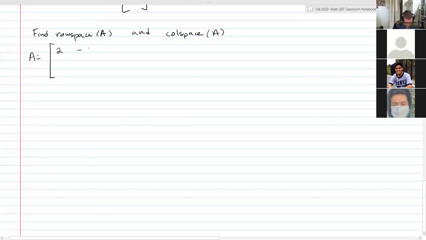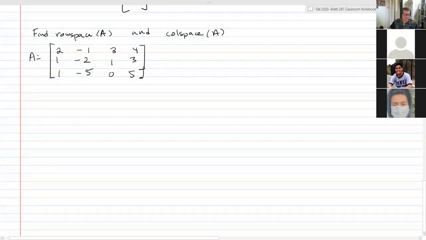We've got (2, -1, 3, 4), okay, (1, -2, 1, 3), okay, and (1, -5, 0, 5). All right, so that ends up being our matrix A.